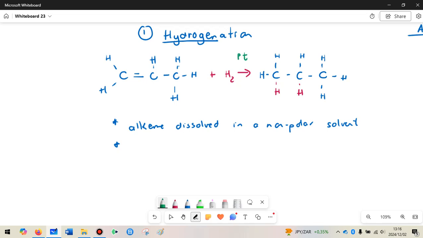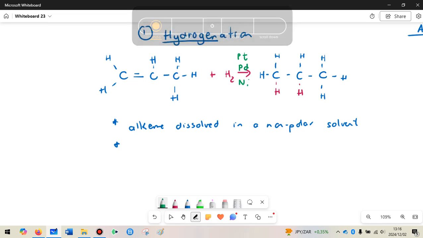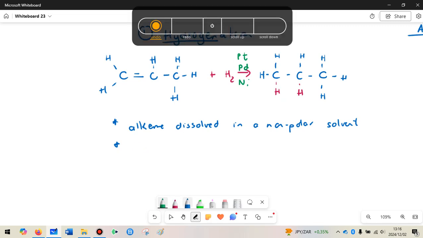The catalyst can either be platinum, it could be palladium, or it could be nickel. So any of those are fine to use with this reaction, and this should be done in a hydrogen atmosphere.